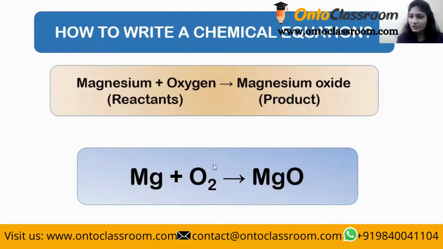But if you look at the oxygen, the oxygen which was reacting is not equal to the oxygen which has formed in the product. That means this equation is incomplete, it is unbalanced. And whenever you write a chemical reaction, it is very, very important to balance it.